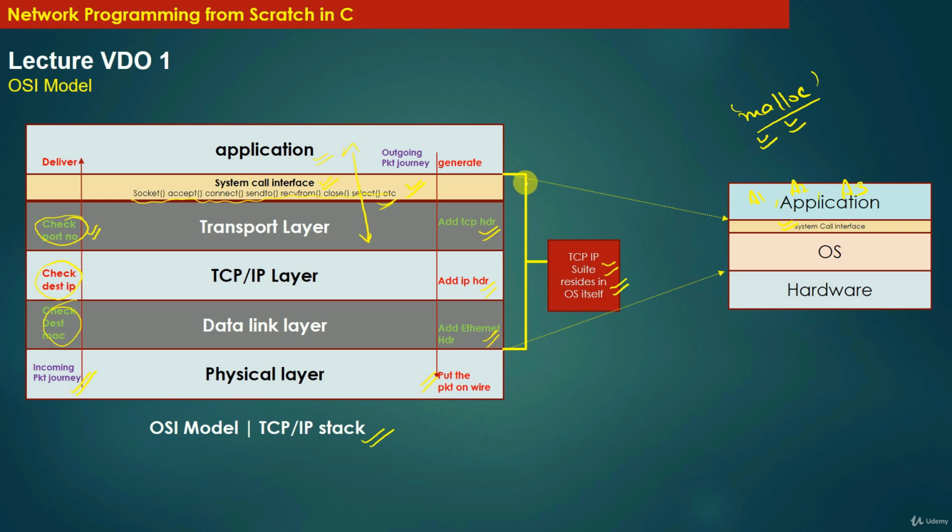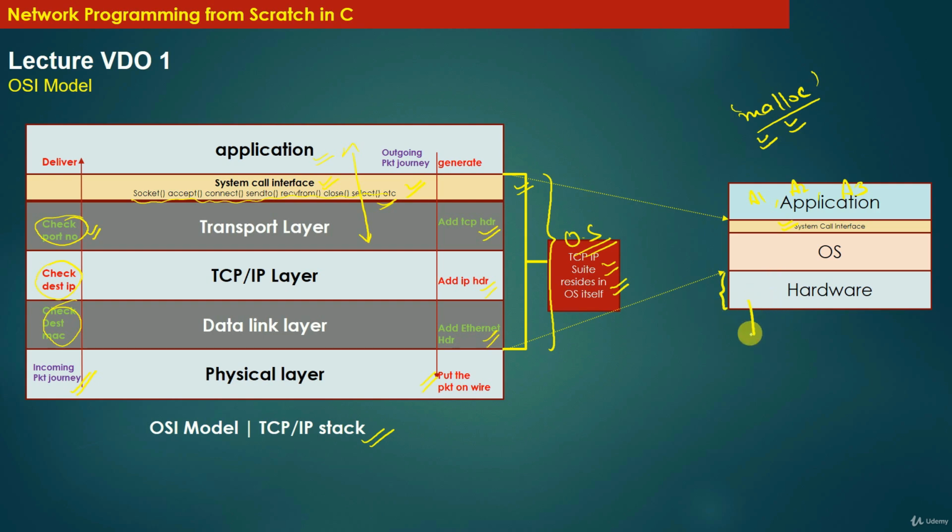So you can see that the system call interface and the transport layer, network layer, and data link layer are all parts of the operating system. They are implemented inside the operating system. And below the operating system, there is hardware, which comprises various device drivers.